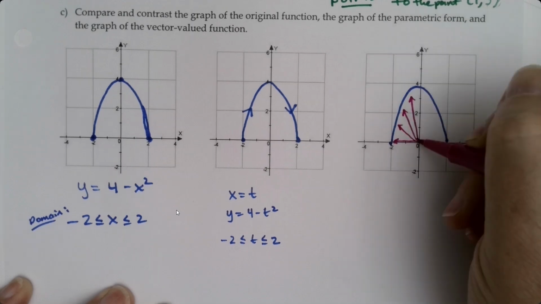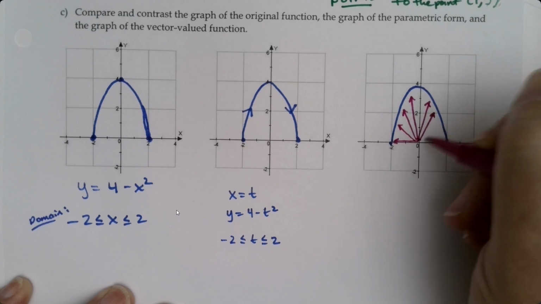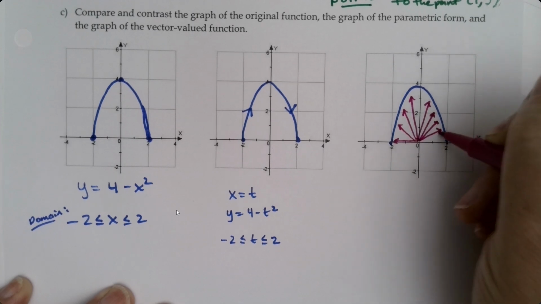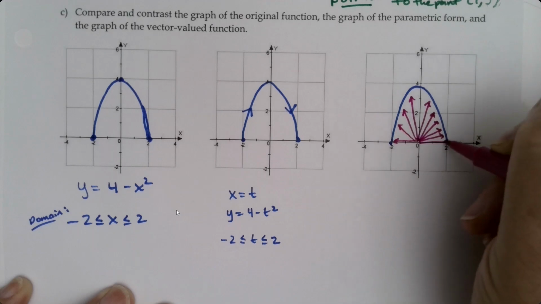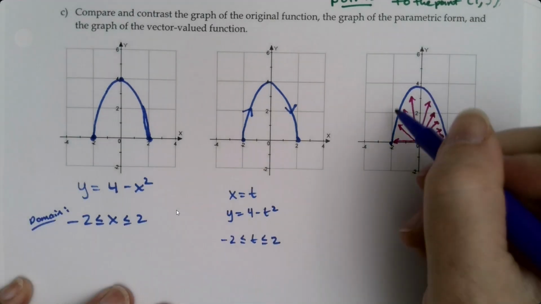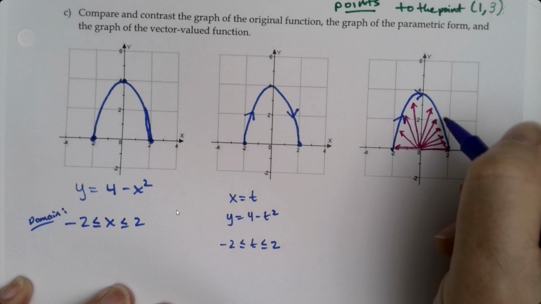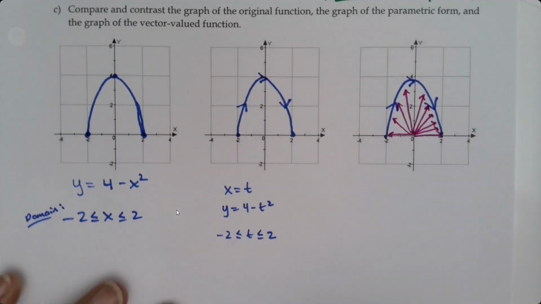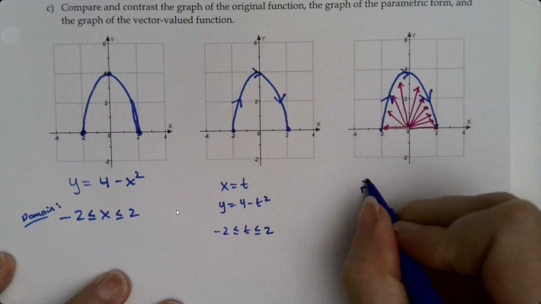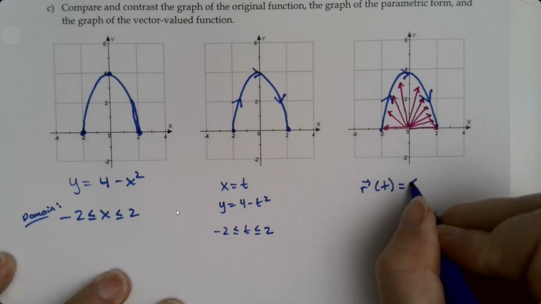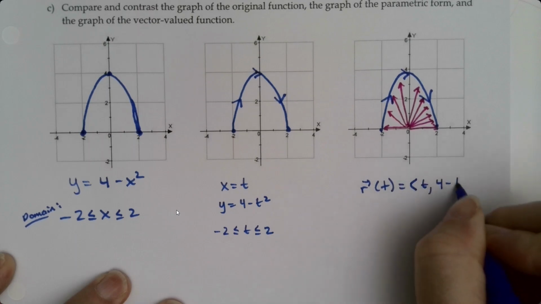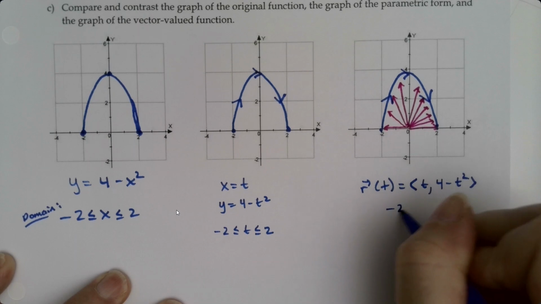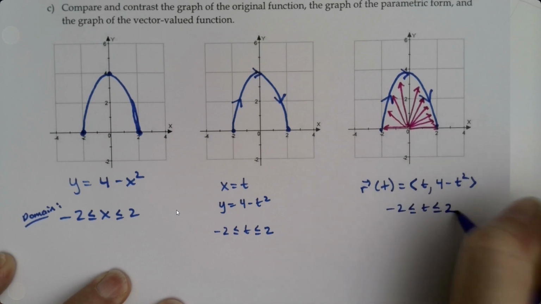So it has motion in it as well, just like the parametric one does. But it has motion because the vectors are pointing to the different places along that path. So this is r of t equals t comma 4 minus t squared. And again, from -2 to 2.